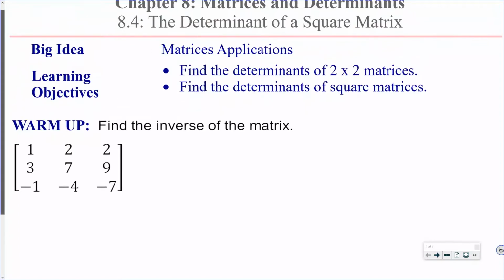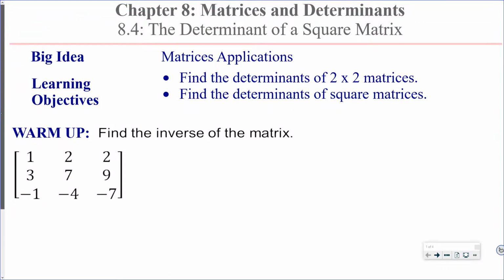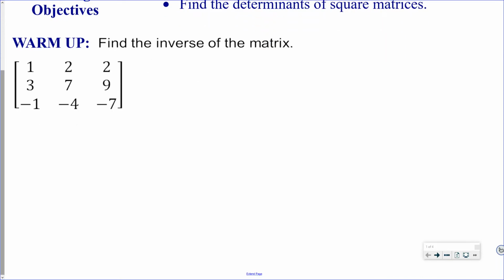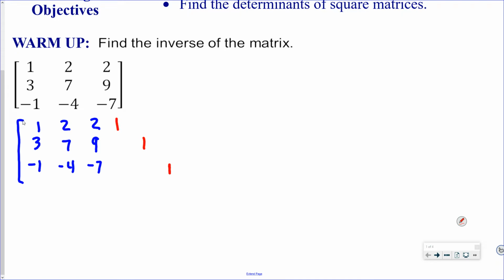Welcome to our final lesson called 8.4. Right now, they're working very hard on finding the inverse of this matrix. Just as a refresher, how we'd set this up is we take the identity matrix for a 3x3, and that is diagonal ones surrounded by zeros.